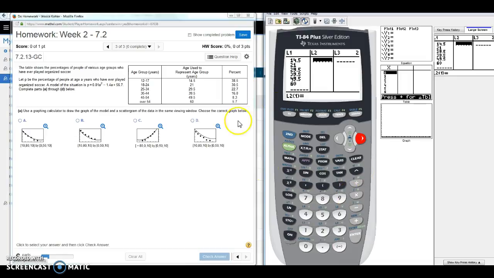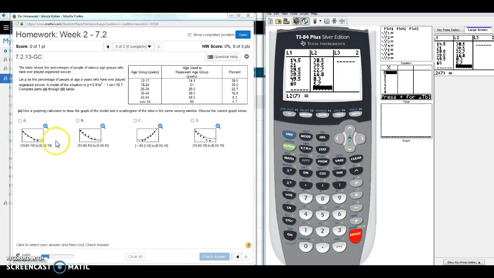And in L2, I'm going to put the percent, 38.5, 30.5, 22.7, 16.8, 8.3, and 5.7. And then I'm just going to do a quick glance and make sure I have my pairs correctly. 14.5 and 38.5, 21 and 30.5, 29.5 and 22.7, 39.5 and 16.8, 49.5 and 8.3, 60 and 5.7. They look good.